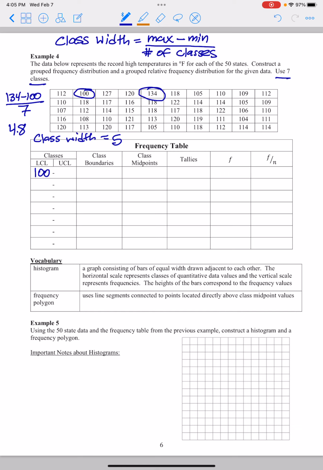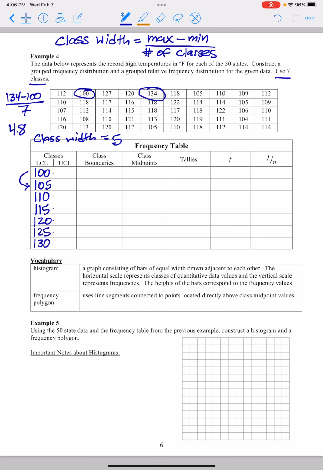And then I'm going to use my class width to get this next one. 100 plus 5 gives us 105. 105 plus 5 gives us 110. 110 plus 5 gives us 115. 115 plus 5 is 120. 120 plus 5 is 125. And 125 plus 5 is 130.